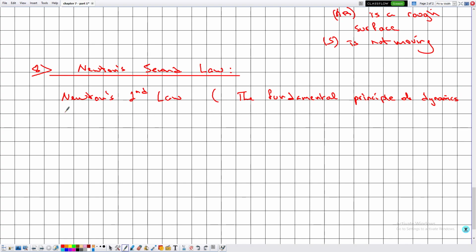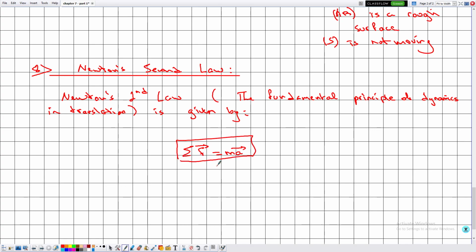So in translation, it is given by the sum of forces is equal to ma.